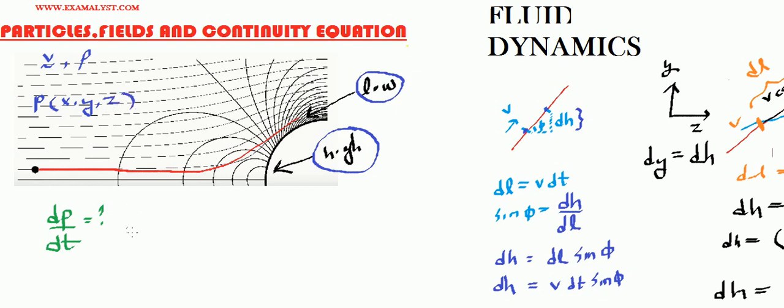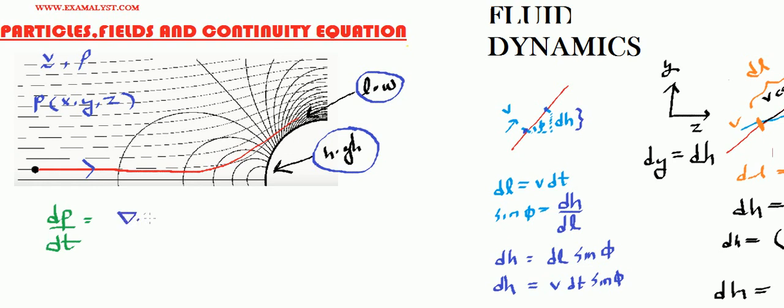To answer the question of what is the rate of change of pressure experienced by this small ball of fluid as it moves along this direction, use the operator. What was the operator we discussed?